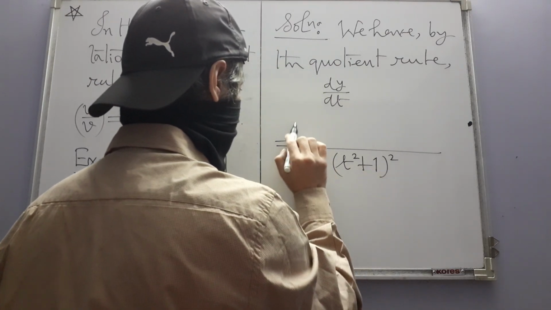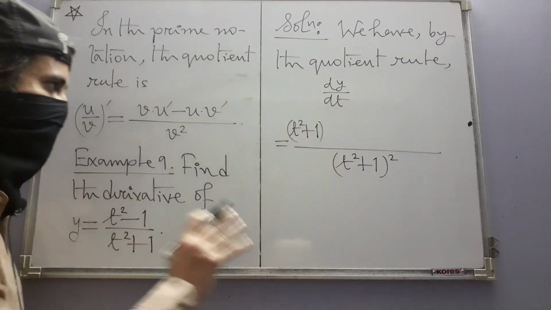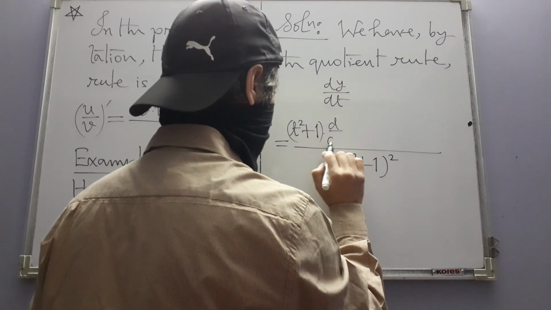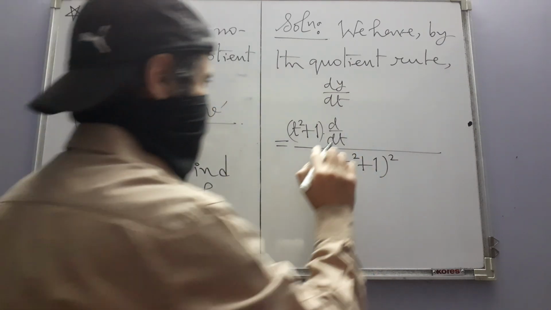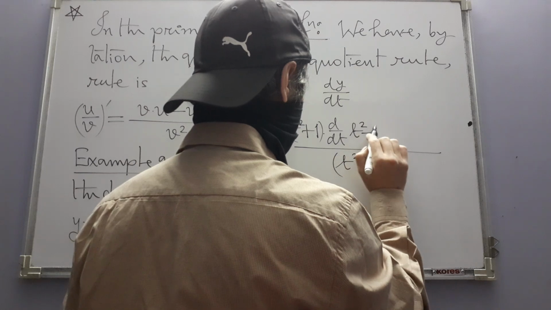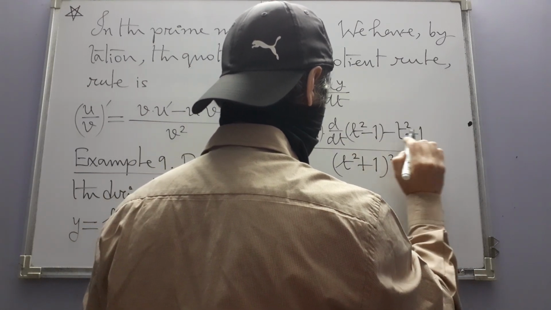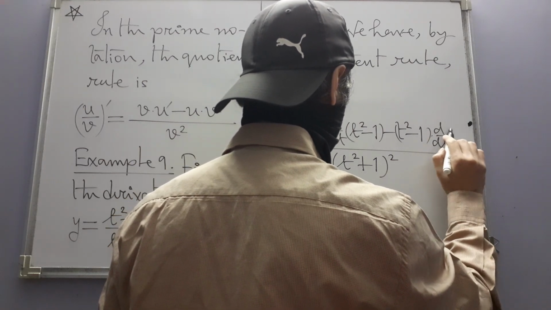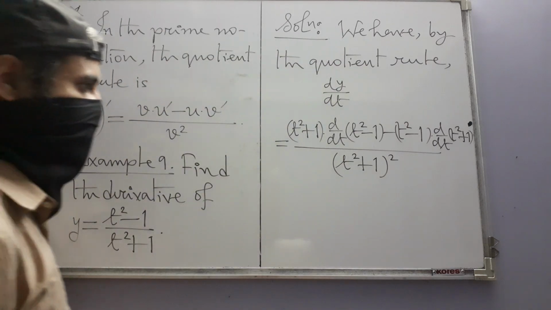Then the numerator has the denominator first of all unchanged times the derivative of the numerator, t square minus 1, and then t square minus 1 remains unchanged and you differentiate the other thing, t square plus 1.